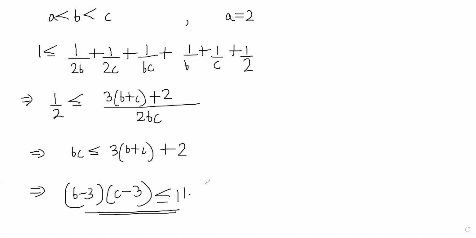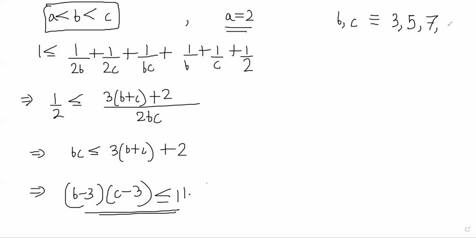If B minus 3 and C minus 3 is less than or equal to 11 and B and C are primes, where A has been taken as 2, B and C could be anything from 3, 5, 7, 11. These are the primes, right? That B and C could be. Because B has to be greater than A and C has to be greater than B, right?